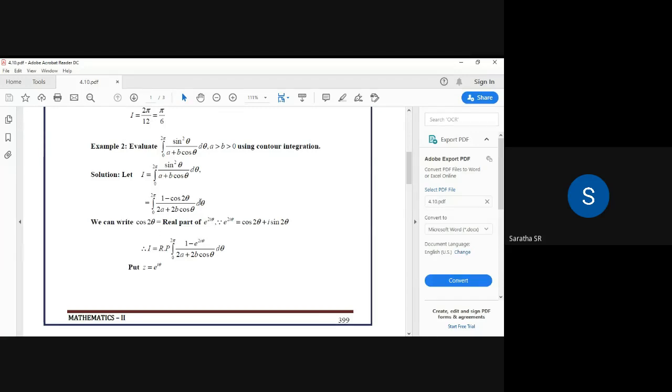Both have the same meaning. So here we take the integral as the real part of 1 minus e power 2i theta divided by 2a plus 2b cos theta, d theta. We have to change only the numerator. No need to change the denominator.